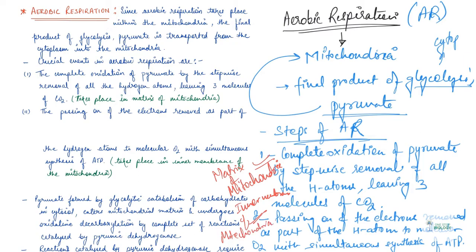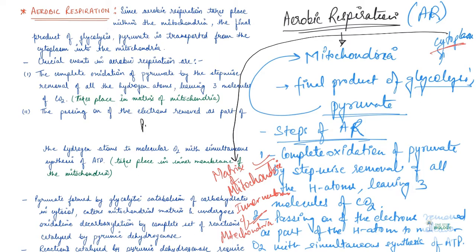Right? So basically pyruvate, which is formed by the glycolytic catabolism of carbohydrates in the cytosol, is transferred. It enters into the mitochondrial matrix, and it undergoes oxidative decarboxylation by a complex set of reactions, which is catalyzed by pyruvic dehydrogenase.